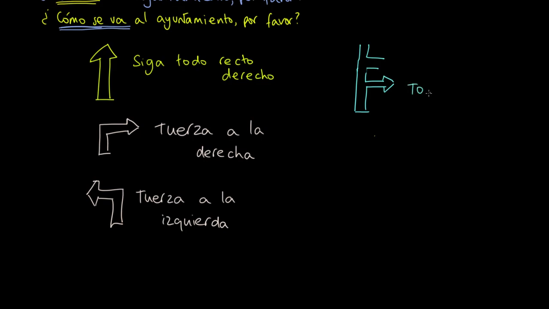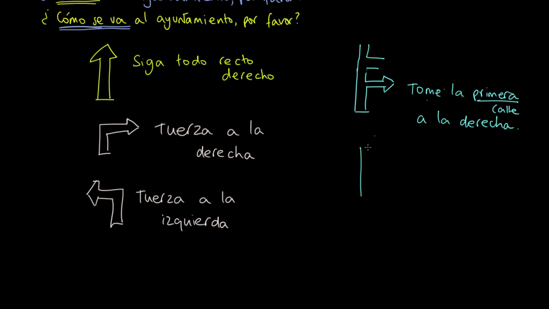So I would say here, tome la primera a la derecha. Tome la primera a la derecha. I could say tome la primera calle a la derecha. Primera is first, so take the first to the right or take the first street to the right.